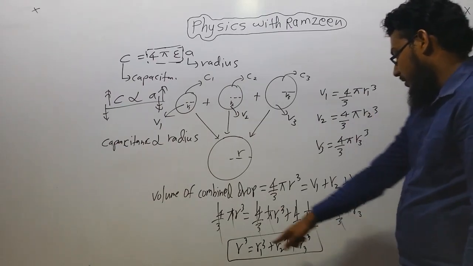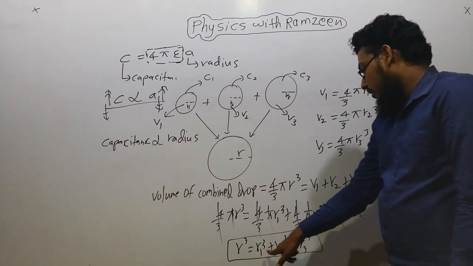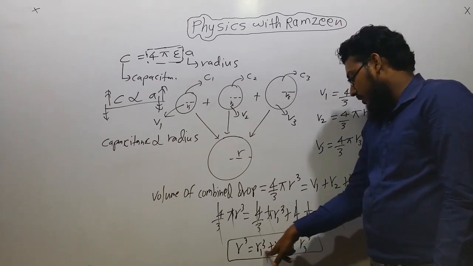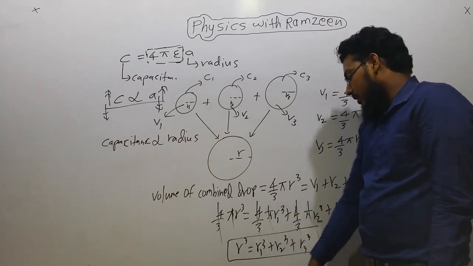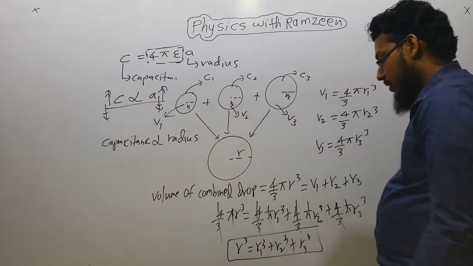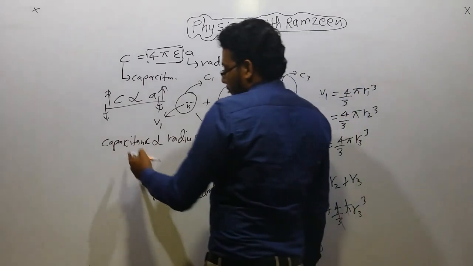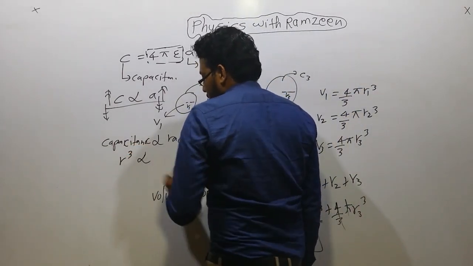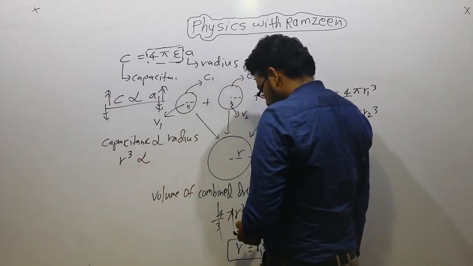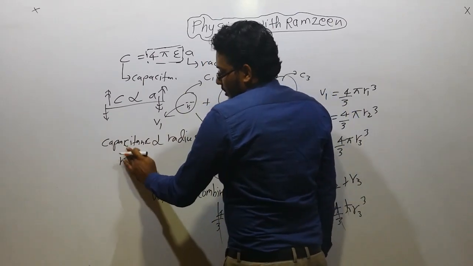We got the radius values R1, R2, R3, and R1 cube plus R2 cube plus R3 cube equals the final combined drop radius cube. So I can say R cube is proportional to C cube.